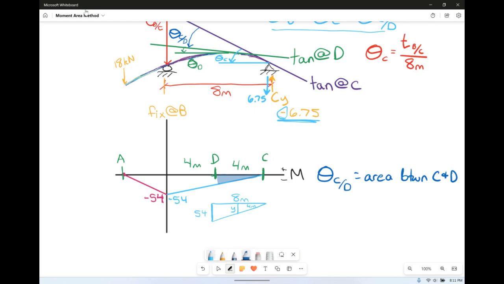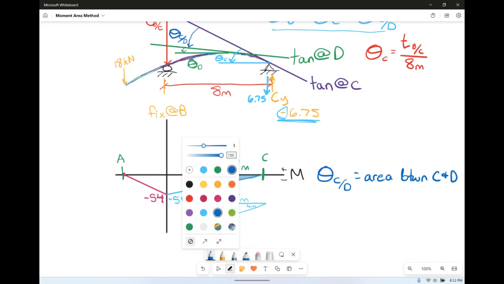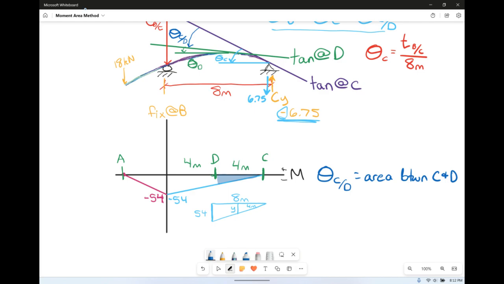So what we're going to do now is find the area under the curve. So the angle of C with respect to D is equal to, it's a triangle, so that's 1/2. The base is 4, and we said the height was 4 over 8 times 54.